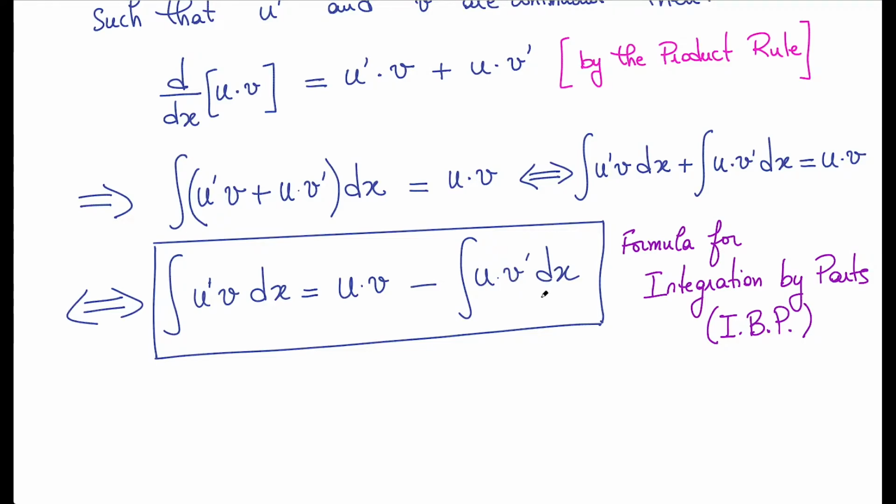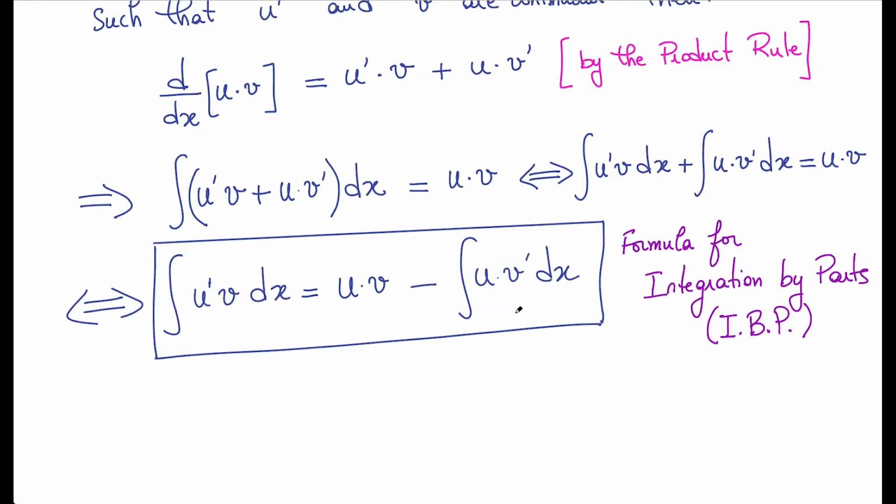So integration by parts is an effort to switch the differentiation operator acting on one of the functions to the other. It's an effort to make this change from acting here to acting on the other one, v.